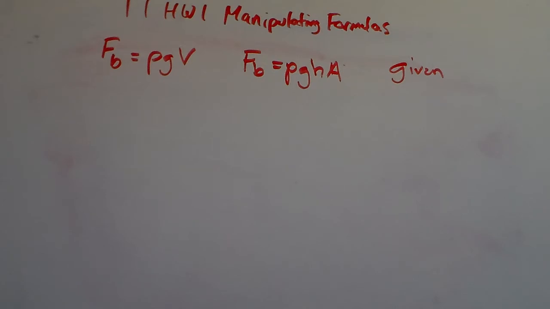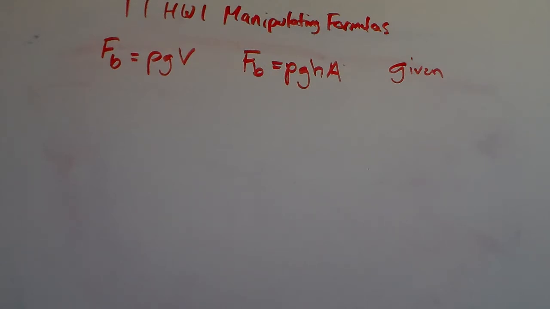Alright, sometimes in the world of mathematics, you're going to have two equations that could get you your answer, what you're looking for. In this case, in problem number 8, we have the formula for finding the buoyancy, FB. Notice there's two formulas to find buoyancy.